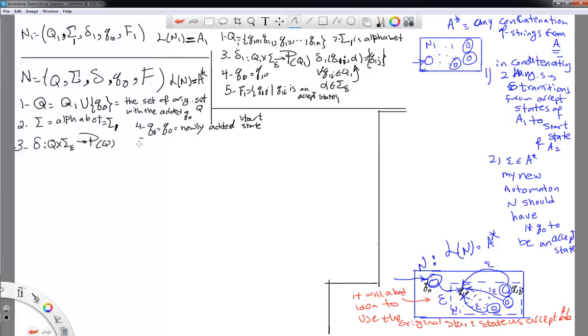And finally, the set of my accept states, F, is going to be F sub 1 union with this newly added state, q sub 0. So that is going to be my accept states.